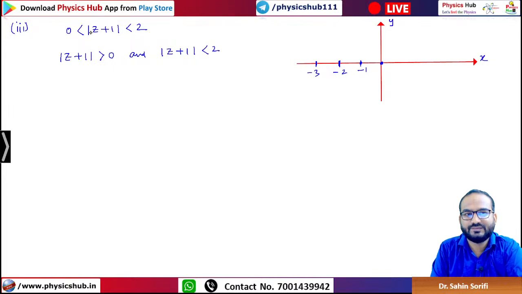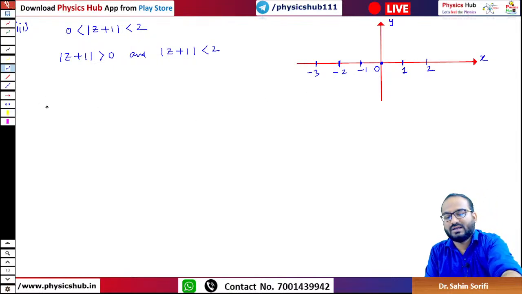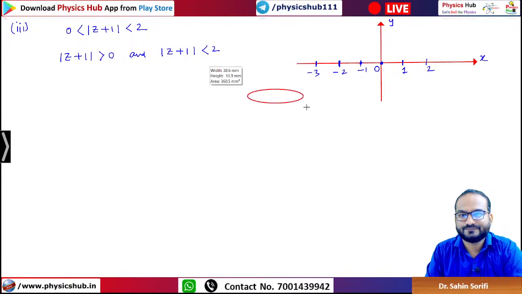That is the meaning, na? The radius of this circle should lie between 0 and 2. So it is more than 0 unit, less than 2 unit. So if this is 0, plus 1, plus 2 and so on, how will the graph look like?